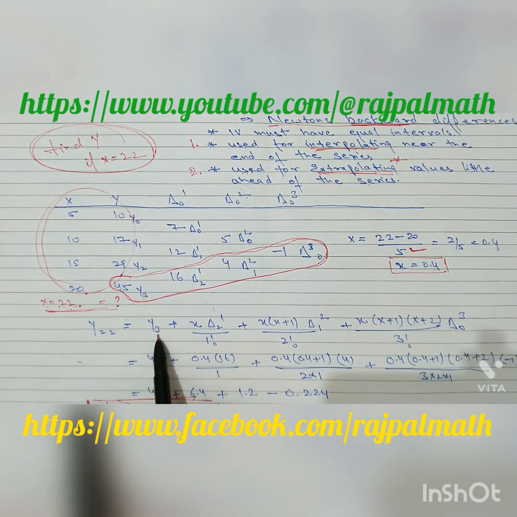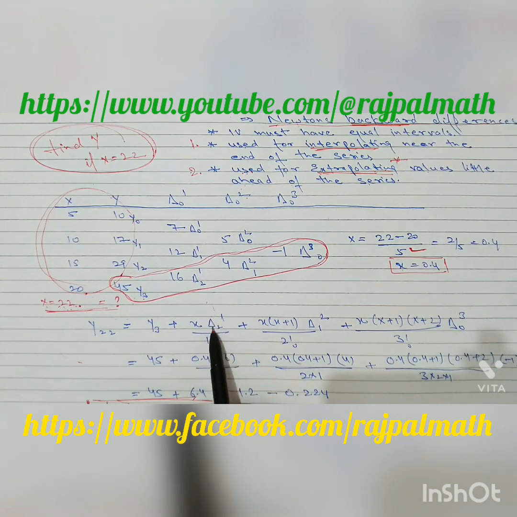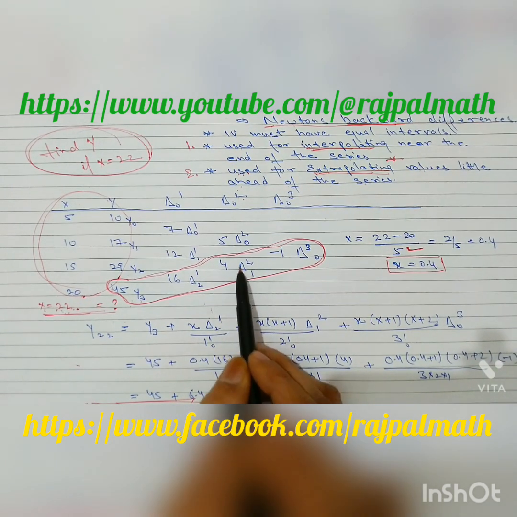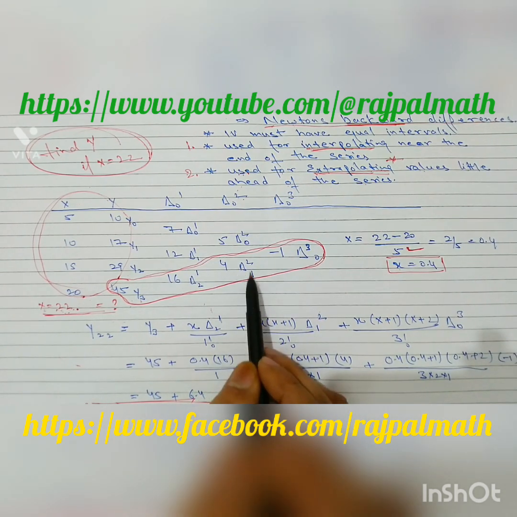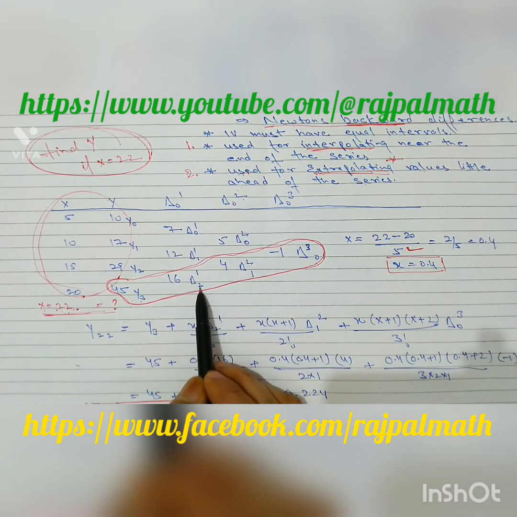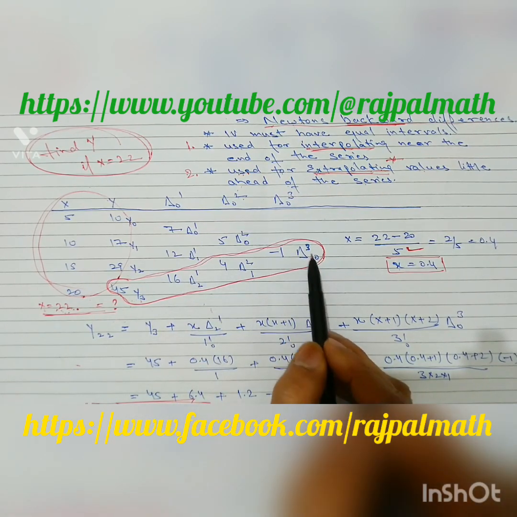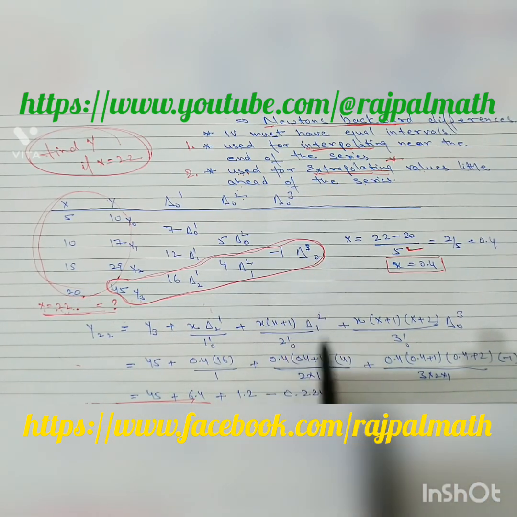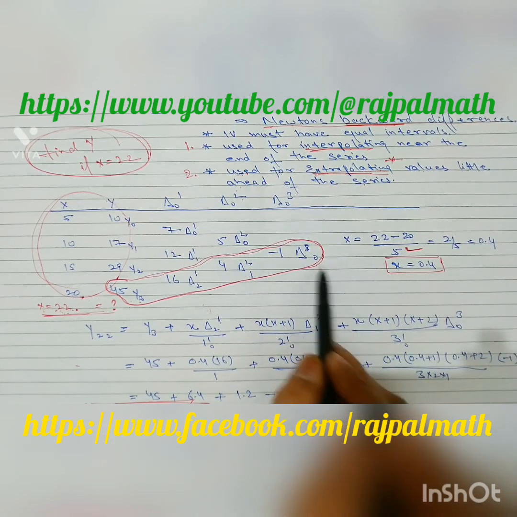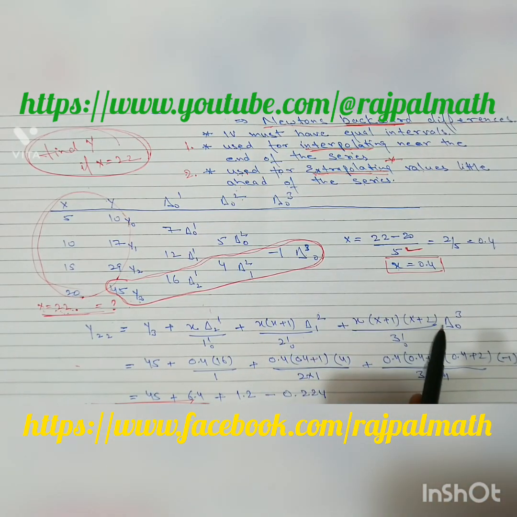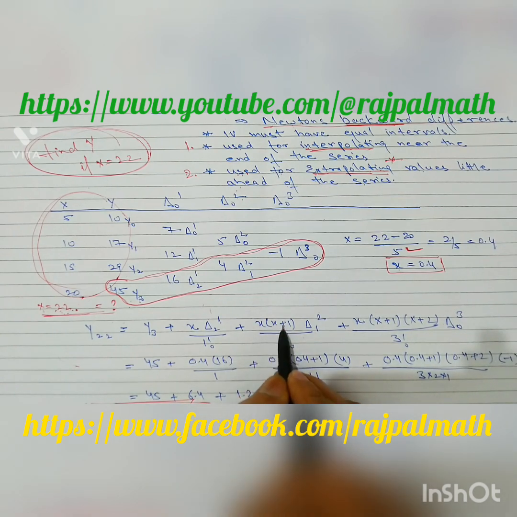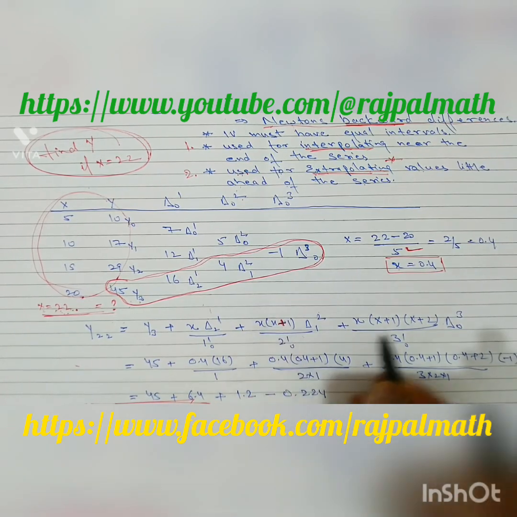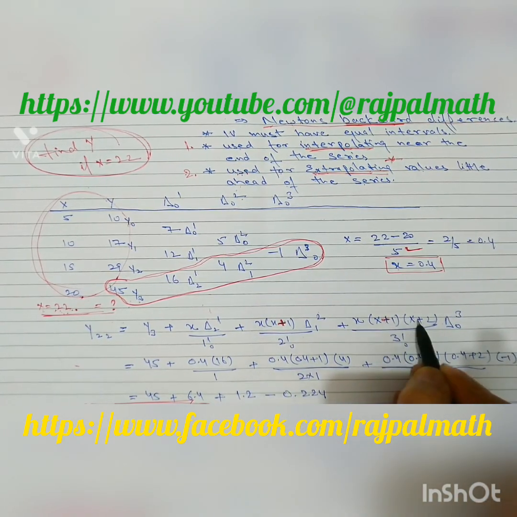First one is y3, second delta 2 1, third one is delta 2 1, meaning delta base 1 part 2, delta base 2 part 1, delta base 0 part 3, and third is delta naught 3. In previous question, here x minus 1. Now here it is x plus 1, x plus 1, x plus 2.